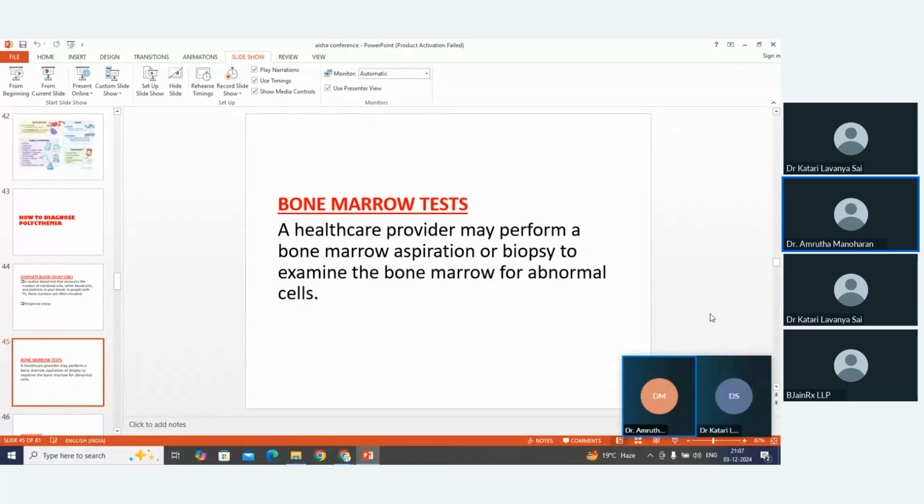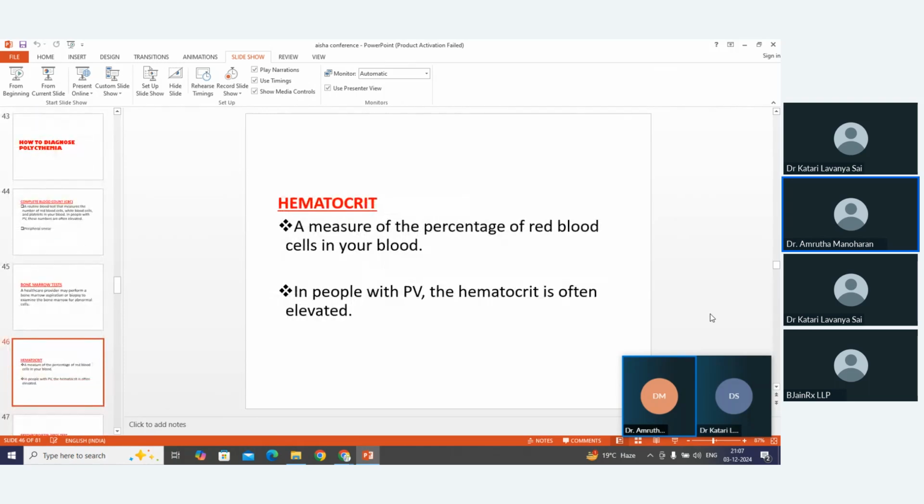A health provider also does a bone marrow test by aspiration of the content from these abnormal cells. Next, hematocrit. Hematocrit means measuring the percentage of red blood cells in the body, and in case of polycythemia, the hematocrit level will be raised. Next, one of the most important things is the erythropoietin test. This test measures the level of erythropoietin.